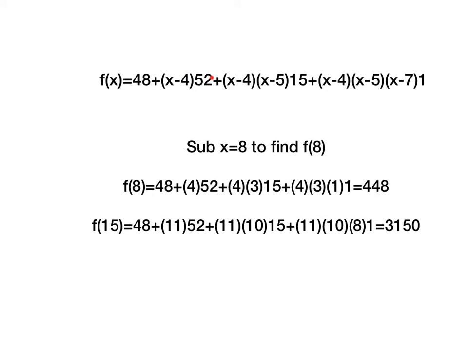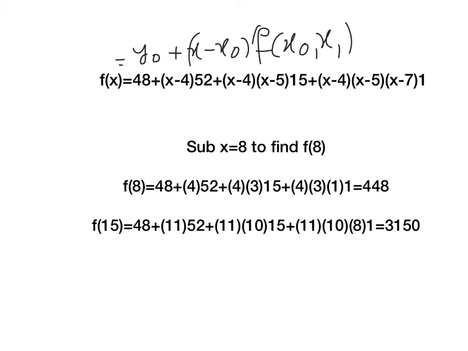So the terms we have in the formula are y naught 48, x minus x naught is 4, into f of x naught comma x1. This is the first entry in the first divided difference. Similarly, this is the first entry in the second divided difference. This is the first entry in the third divided difference.